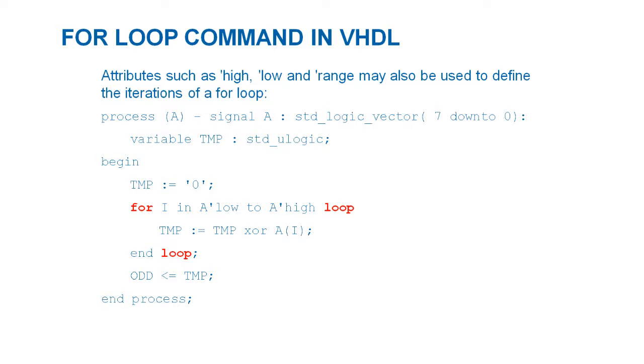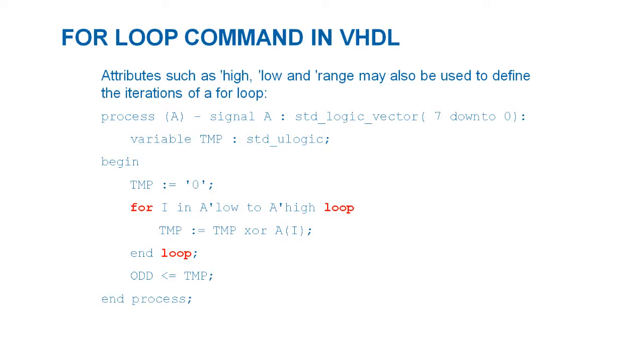But here we can also have other attributes on signals, for example, or on signal data types, for example high, low, left, right, and range. So in this case, we can use a range, or we can use the high and the low. This implementation of a for loop is the same thing as the previous one, except for the fact that we are now using attributes that are attached to a particular data type or a particular signal.